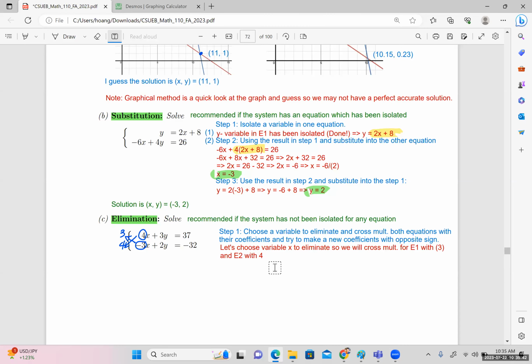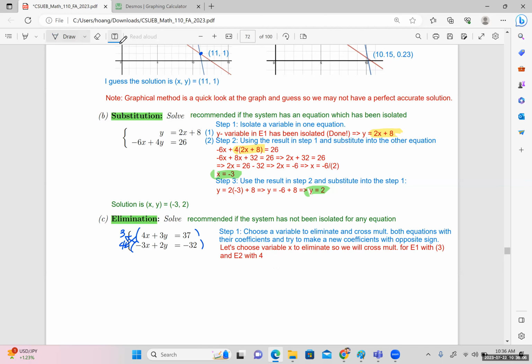So as you see now, if I multiply 3 with the whole equation number 1 and 4 with the whole equation number 2, what happened?